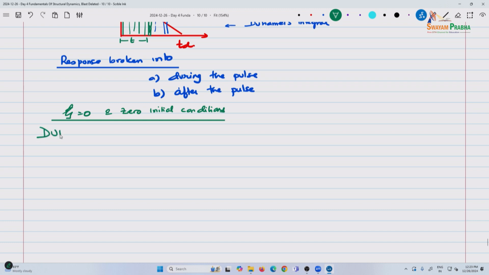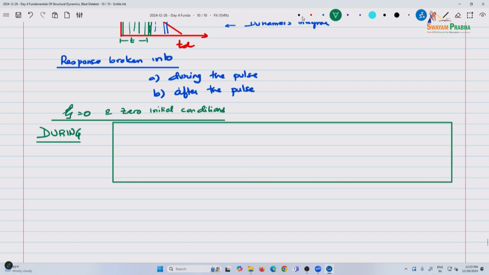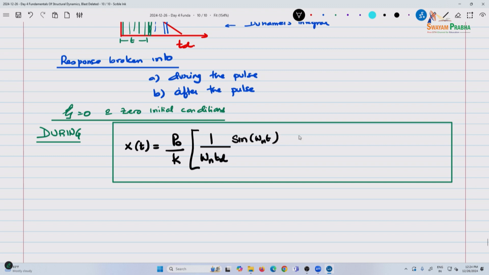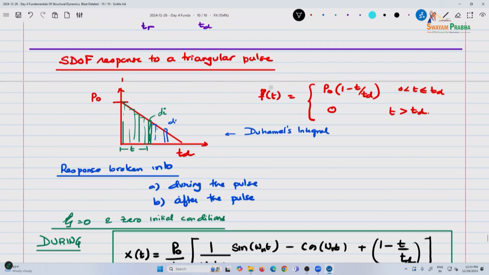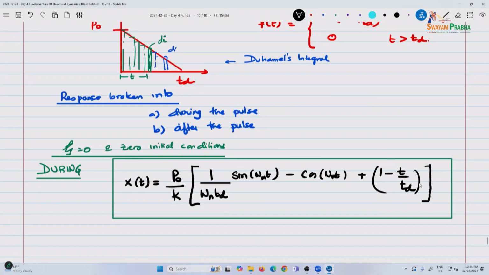For during, you can write the expression as x of t is equal to P naught over k times 1 by omega n Td sine of omega n t minus cosine of omega n t, plus your particular part, which is going to look just like the P naught 1 minus t over Td. So, that is the particular part of it.